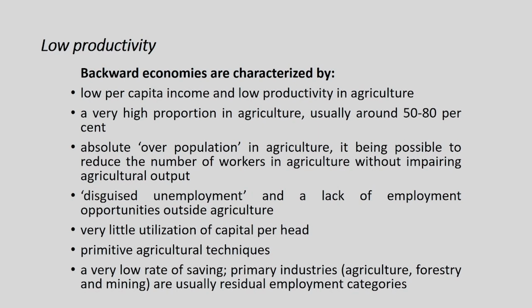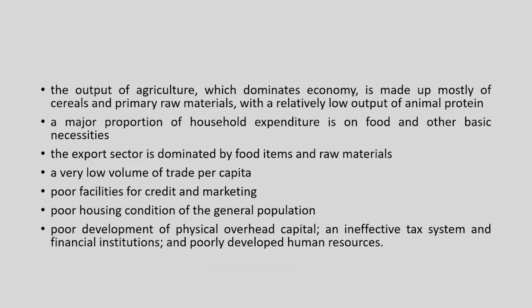Primary industries are usually residual employment categories, agriculture, forestry, mining, and so on. The output of agriculture, which dominates the economy, is made up mostly of cereals and primary raw materials with a relatively low output of animal protein. A major proportion of household expenditure is on food and other basic necessities.